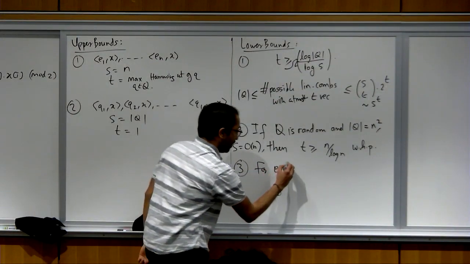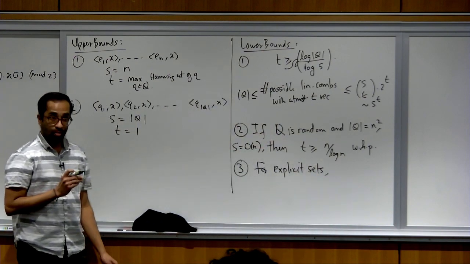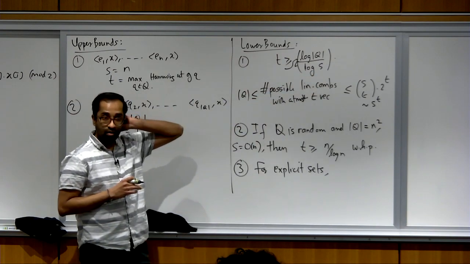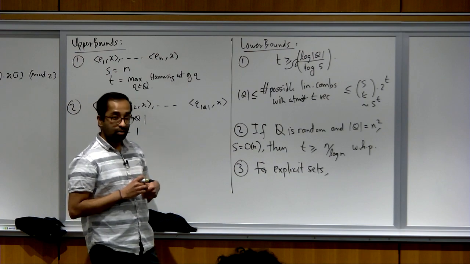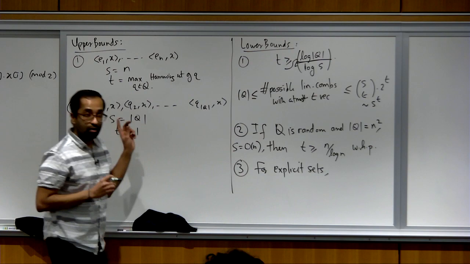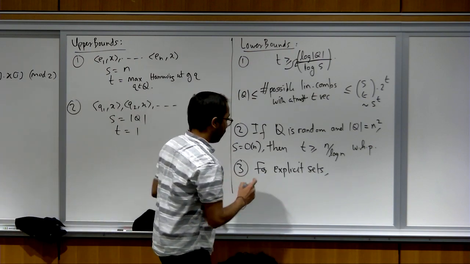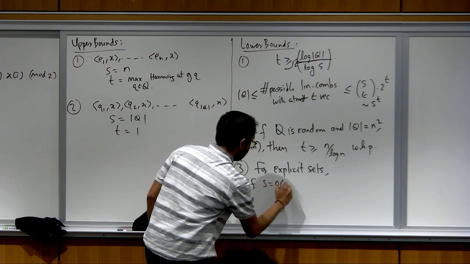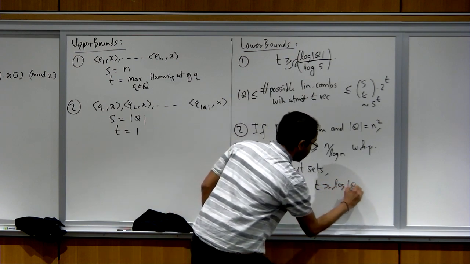For explicit sets, it gives you log n over log S. S is like n again, and Q is n squared, so you get 2 log n over log n. Oh, I see. Okay, so for explicit sets, what we know is if S is order n, then we know a lower bound of log size of Q.